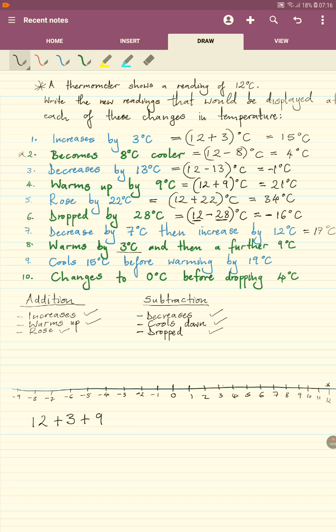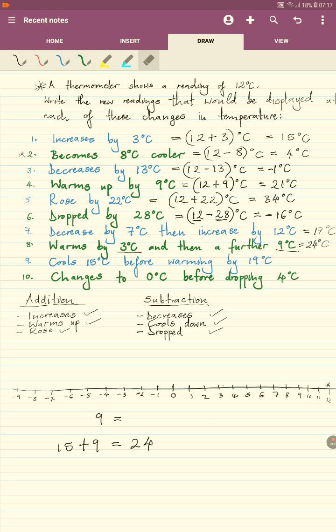At first it increases by 3 and then it also increases by 9. So you can add in parts. 12 plus 3, you get 15, and then 15 plus 9, you get 24. So the answer is 24 degrees Celsius.